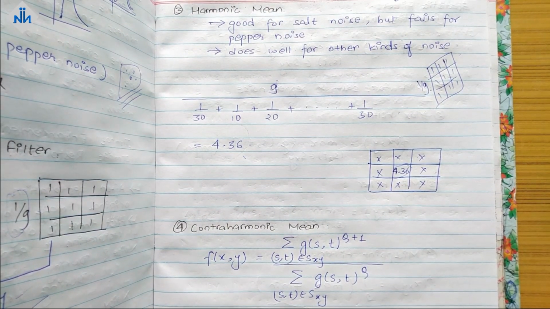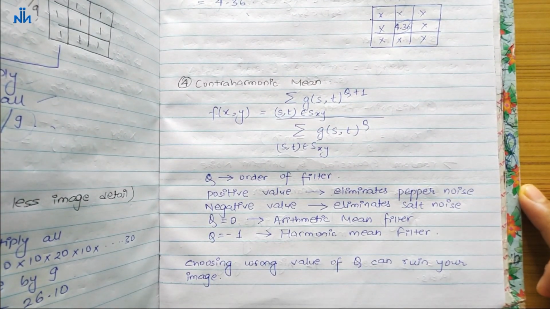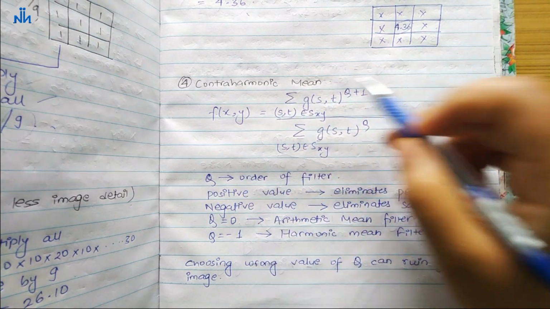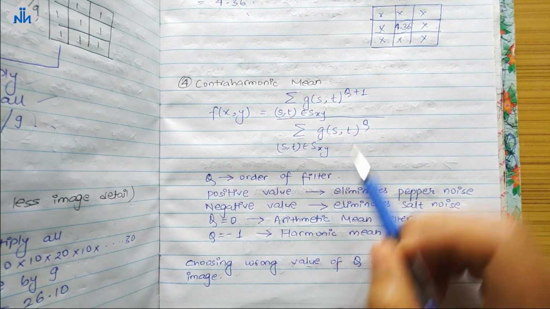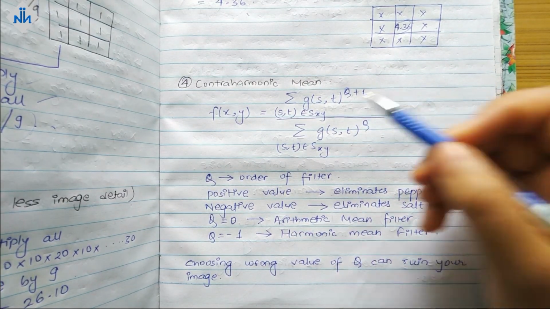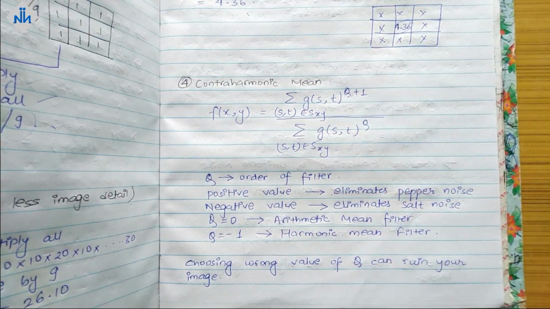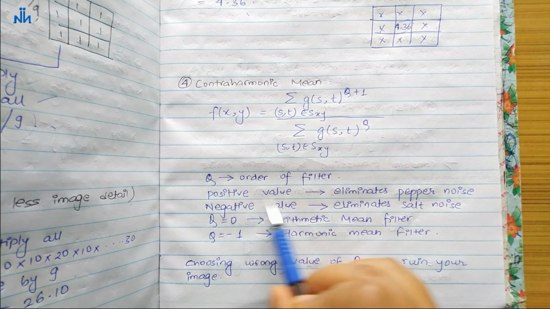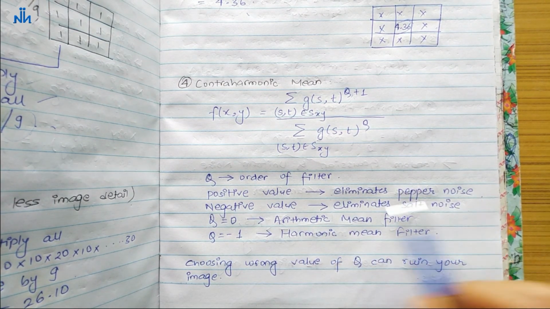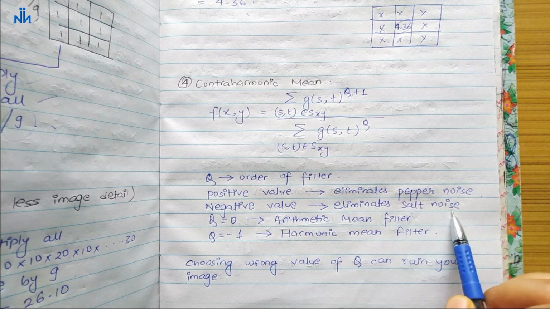After this we have the contraharmonic mean. The contraharmonic mean is basically the generalization of everything. This is our general formula. Here Q is the order of the filter, so we can change Q to get different types of filters. A positive value eliminates pepper noise, and a negative value eliminates salt noise.